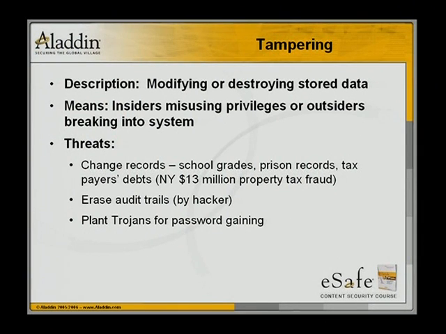Threats: changing records, school grades, prison records, taxpayers' debts, the New York $13 million property tax fraud. The example basically means that in 1999, someone had a tax debt of $13 million, and he had a hacker working for him and erasing that debt.